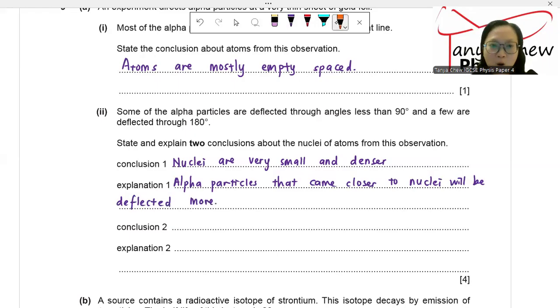Right? And also, conclusion 2: alpha particles and nuclei of the atoms are like charges, because like charges will repel each other. If the nucleus inside the atom is negatively charged, alpha particles should be absorbed into the atom. So conclusion 2 is that the nuclei are positively charged.